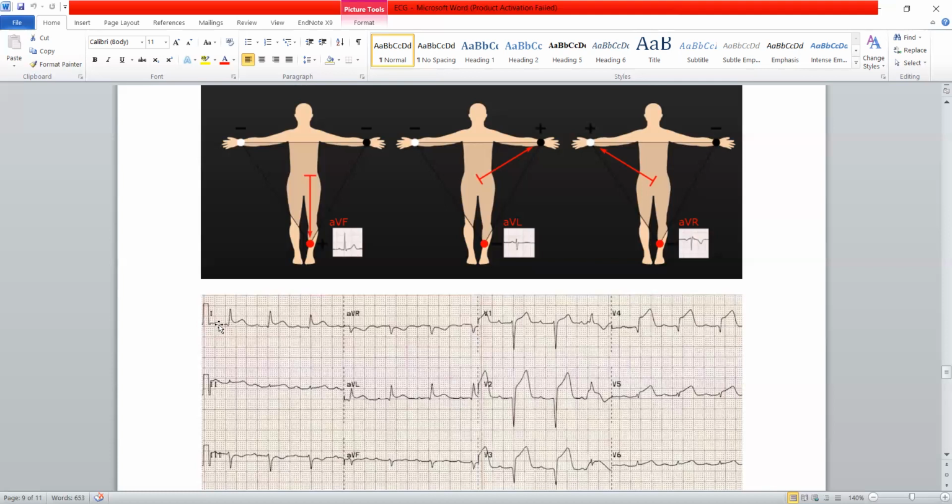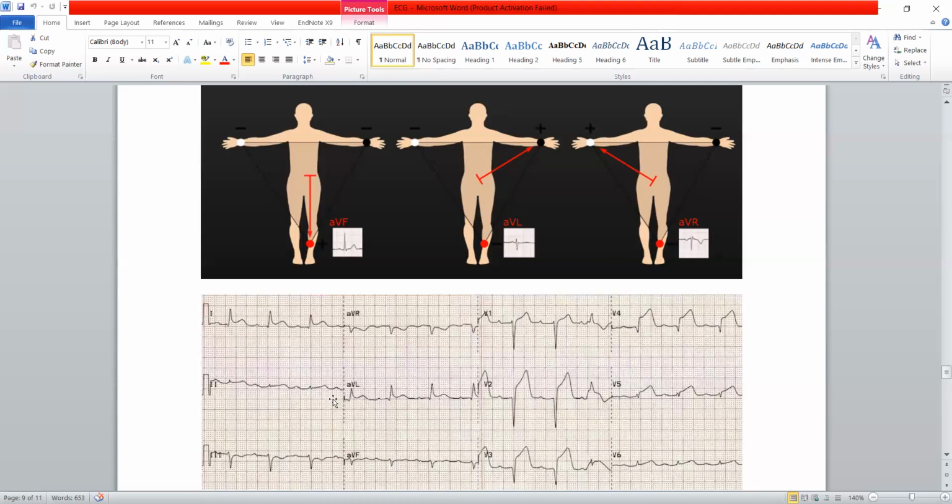Let's draw the reference line. It's here. So this is a Q, R wave and see that J point is elevated. The termination of QRS complex and the beginning of ST segment is elevated. So there is ST elevation in lead 1.